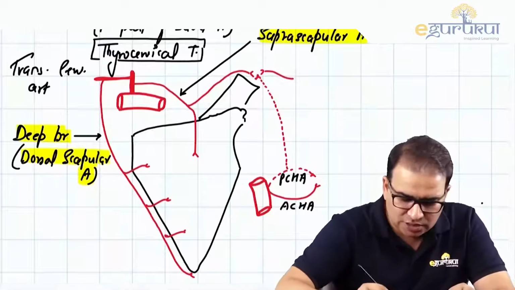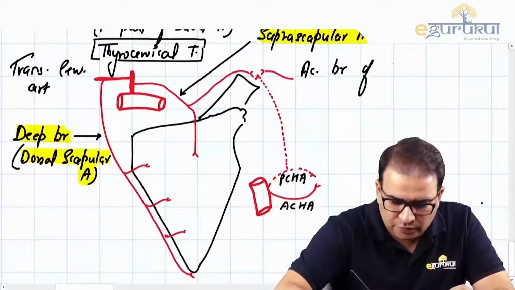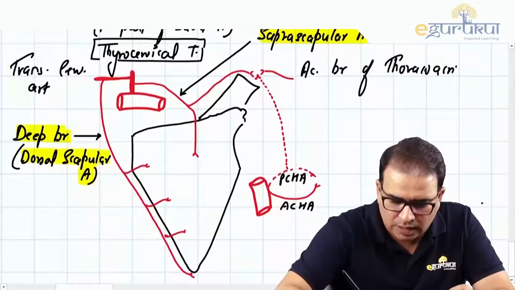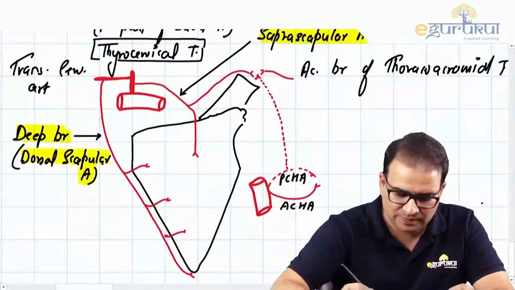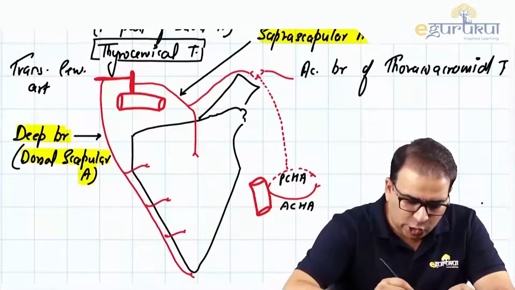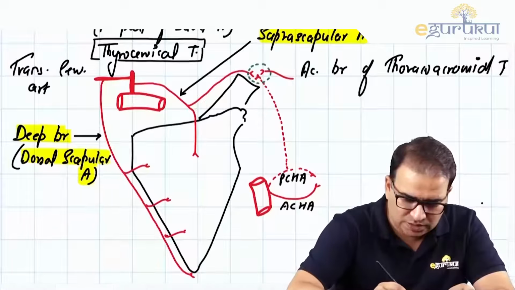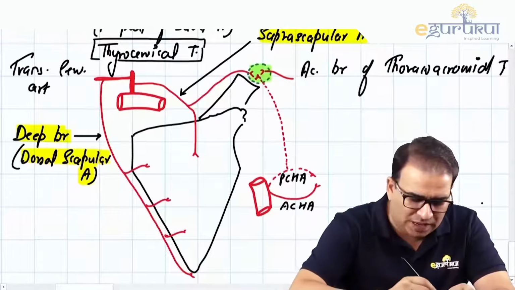This is the acromion branch of thoracoacromial trunk. So there are 3 acromial branches you are looking at, and this anastomosis here, which is taking place at the acromion process, is called an acromial anastomosis.